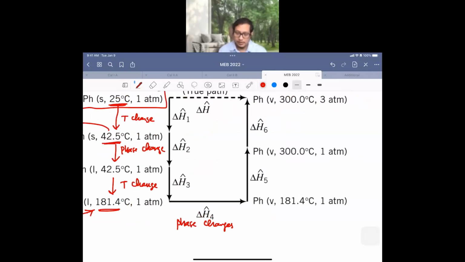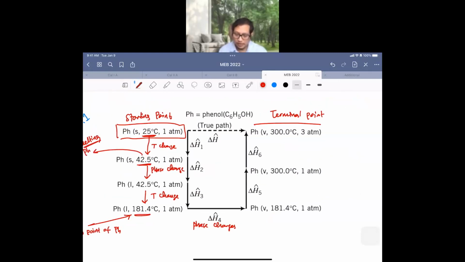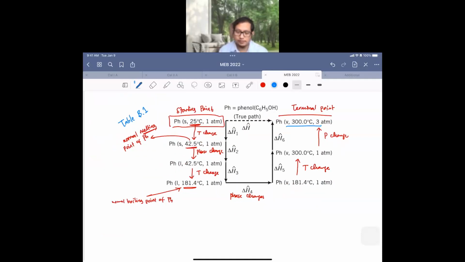And then from here, we still have an increase in temperature, because this is the temperature that we are going to evaluate at the end. So there's no change in temperature anymore, 300 will be the last change, right? But we still have the atmosphere change, so the last one will be the pressure change. And thus we have our delta H.